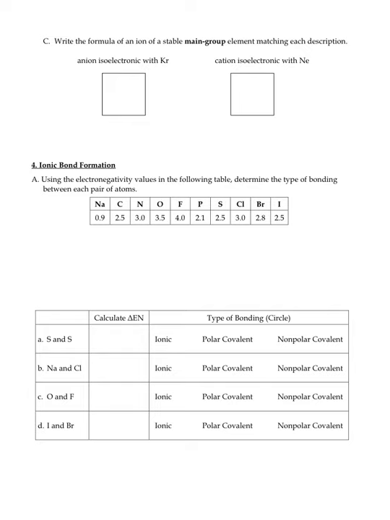And so let's talk about our first example here. The first thing that we want to say is remember that isoelectronic just simply means the same number of electrons. So in our first box, we're looking at anions. And remember, when you see anion, that means a negative charge that comes through the gaining of electrons.